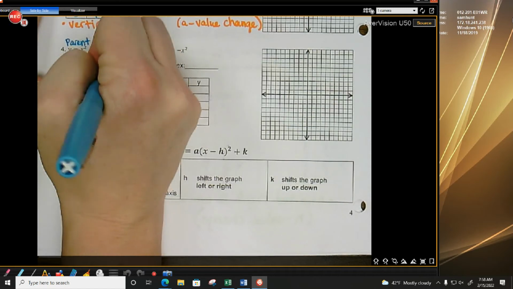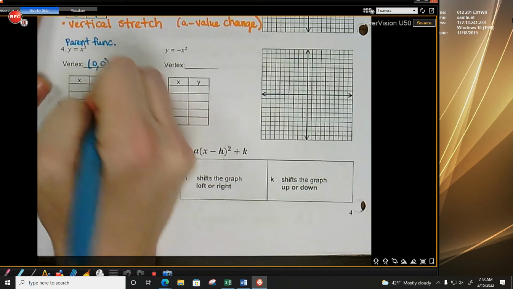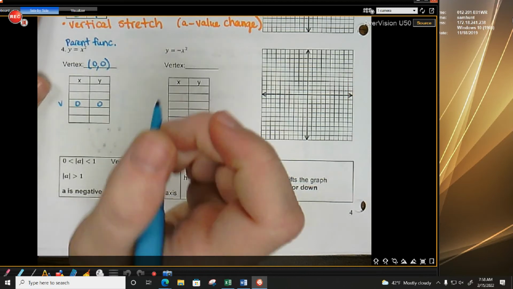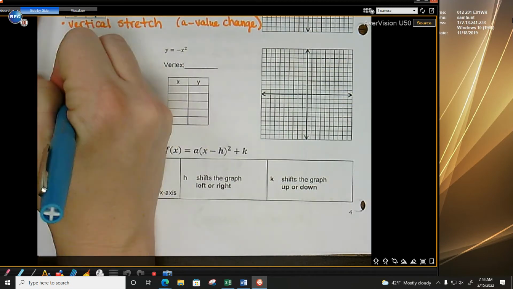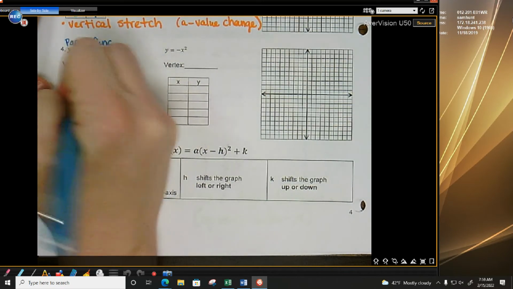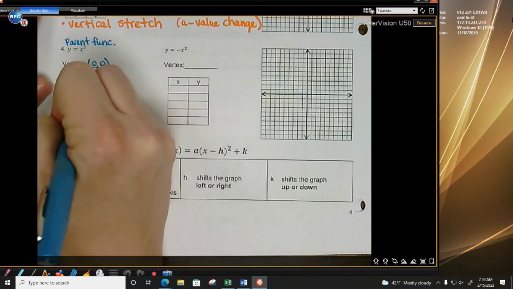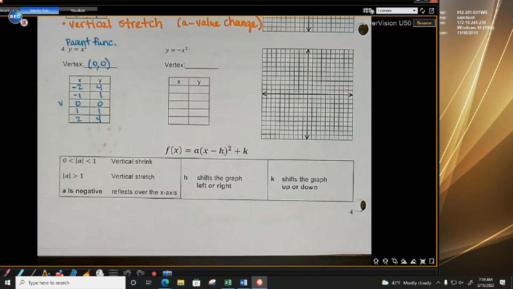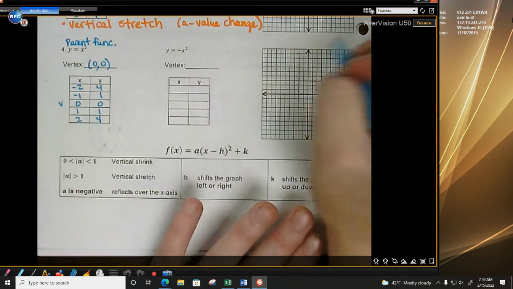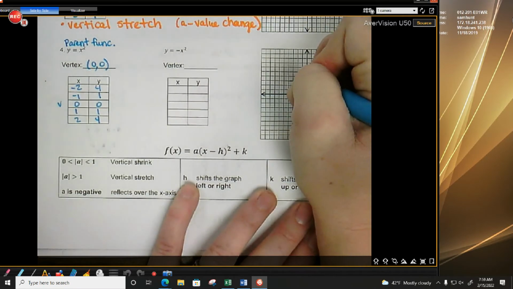And I can just copy the table of the parent function above it. Negative 2, 4, negative 1, 1, 0, 0, 1, 1, 2, 4. Where am I getting those values? Those are the same 5 points I plotted now 4 times. Those are your quadratic parent function points.